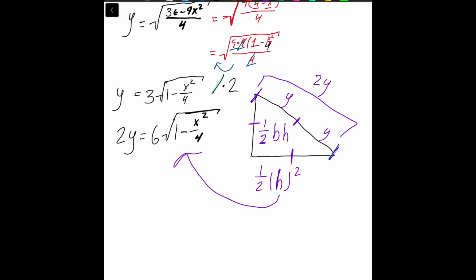Apologies, backtrack just a second here. Remember, this is assuming one triangle, but in this case, we need 2 hypotenuse. So I'm going to multiply this by 2, giving me 1 over 4 h squared. Okay, so now I'm going to substitute in this expression for my h.